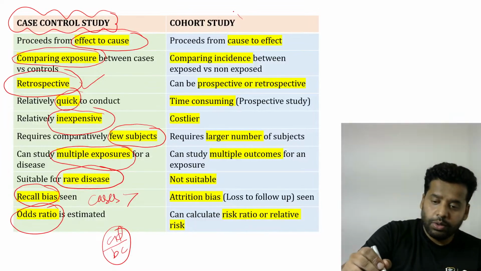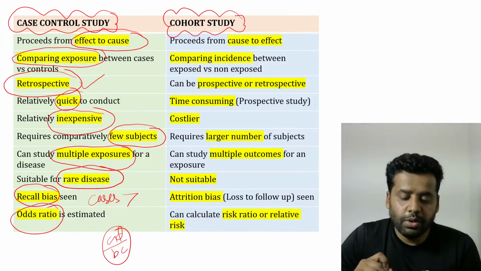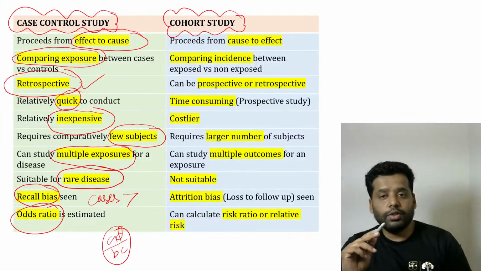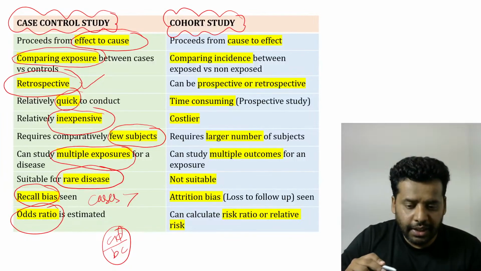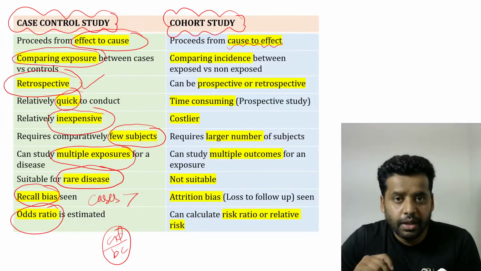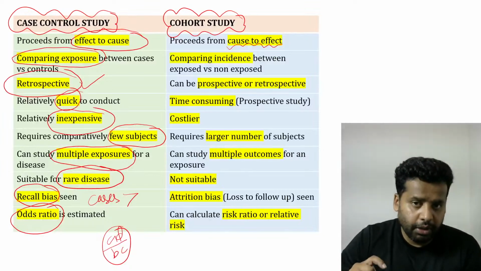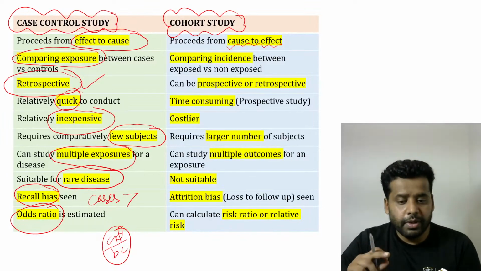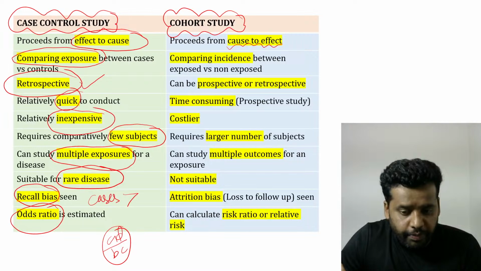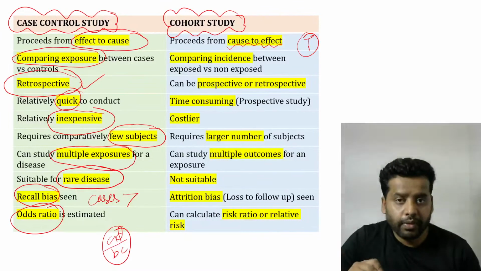Now come to cohort study. So the importance of cohort is this cause to effect relationship. We start from exposure, we go towards outcome. So keep this in mind. That means there is temporal association.